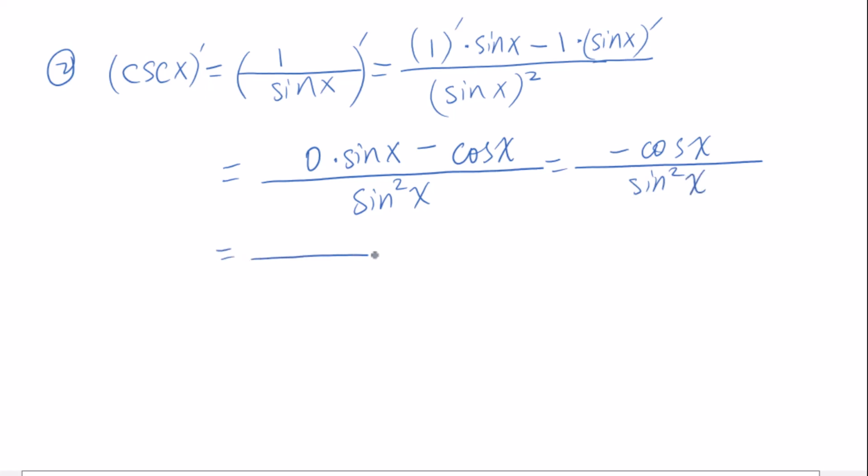We will separate this sin square x as sin x times sin x.